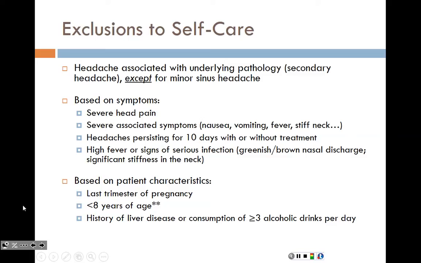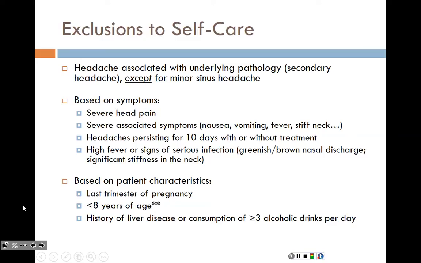If you had a headache plus those things, what might that be? It might be something like an infection, so it might be the flu. Might be a concussion. It might be meningitis. So stiff neck is a big one for meningitis. So anytime you're seeing the sum of the parts seems a little concerning, just refer them on.